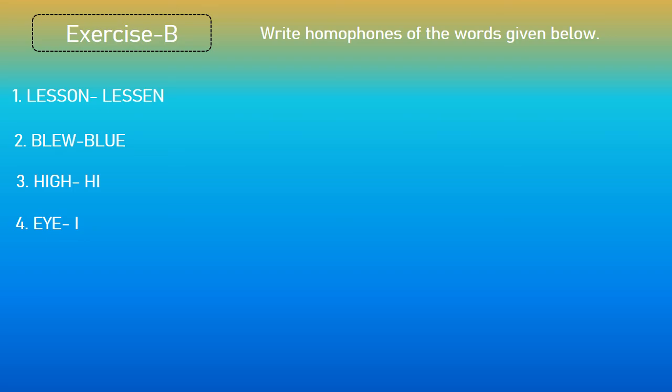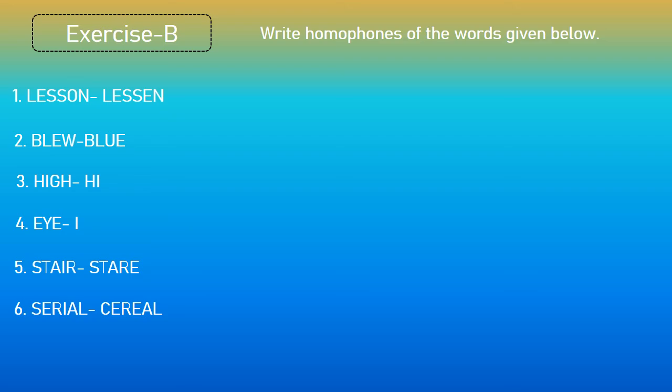Number 5, STAIR. Its homophone is STARE. Yes, that means to look fixedly, often with wide open eyes, and we don't like it if somebody stares at us, right? Next, SERIAL. Its homophone is CEREAL.